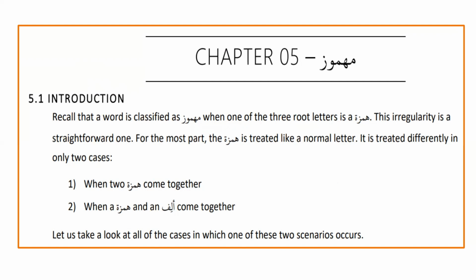We only need to make changes, or correct something, when 2 cases happen: when 2 Hamza come together, as we saw in the pattern of fa'ilun, where we have to make it akhizun, and when a Hamza and an Alif come together.